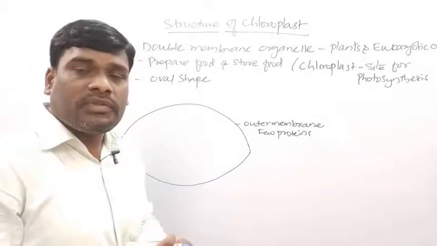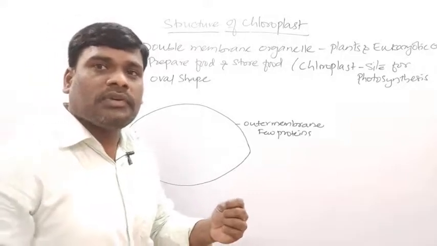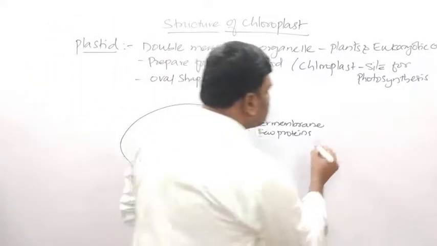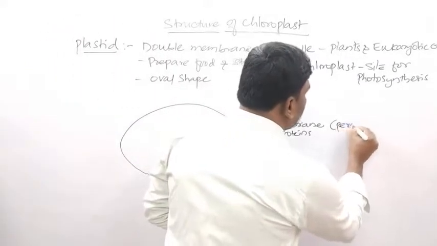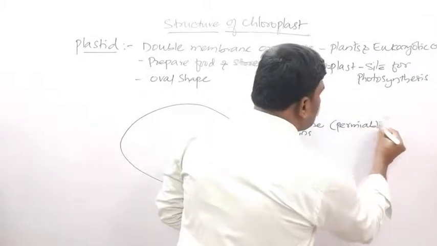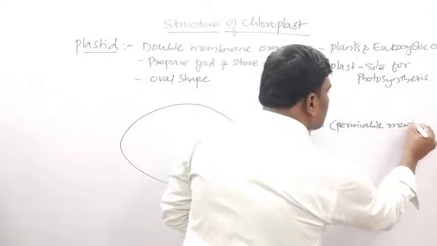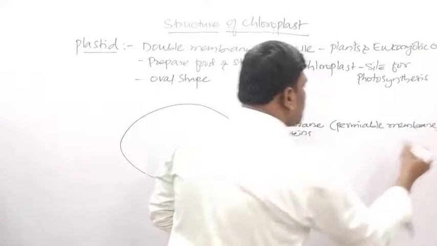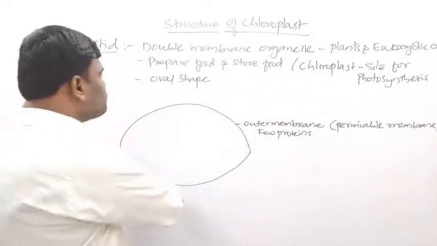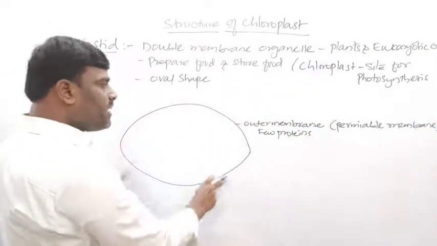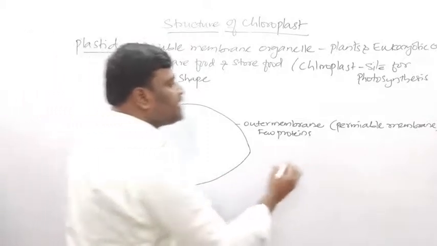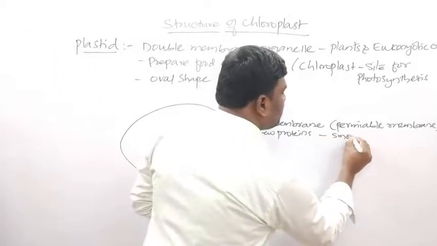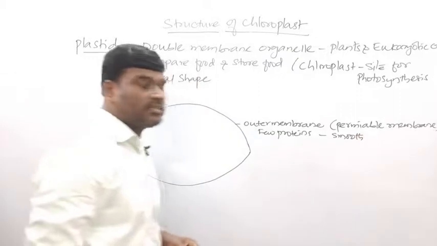It will allow the materials to pass through it, isn't it? So it is a permeable membrane. And also if you observe the outer membrane of this chloroplast, it is smooth.